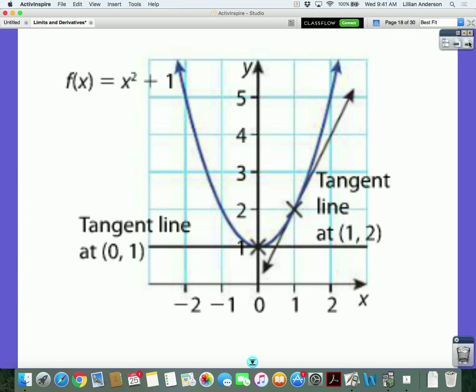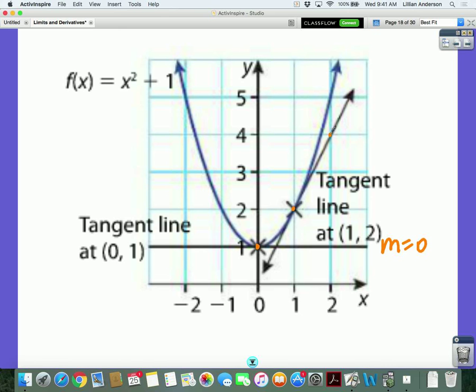Take a look. Here's the picture. The blue represents the quadratic x squared plus 1. When x is 0, look at that tangent line. Isn't that tangent line horizontal? What's the slope of any horizontal line? 0. So we did good. Okay? Here's when x is 1. There's the tangent line that you guys see on your picture.